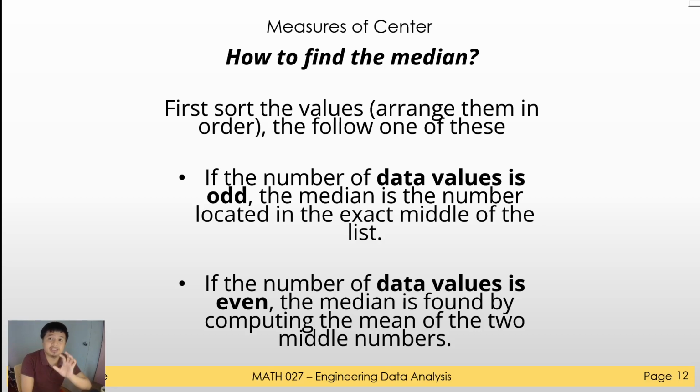If it is odd, you just find the exact middle of the data, assuming that you organize this into ascending order or descending order. If the number of data is even, then you want to find the two middle values and then find the average or the mean of these two numbers.